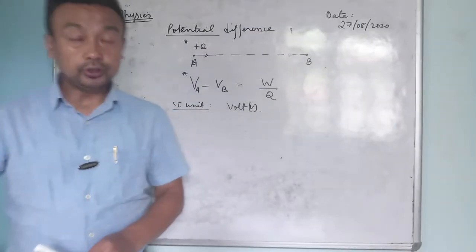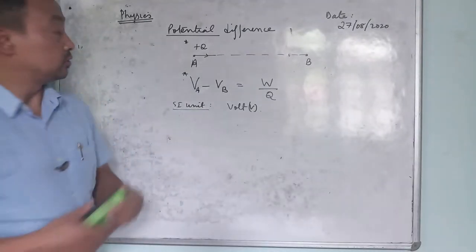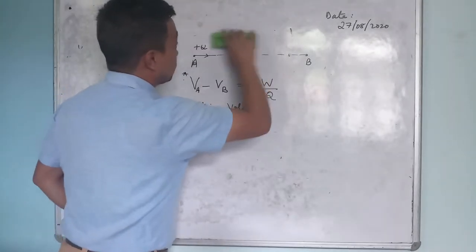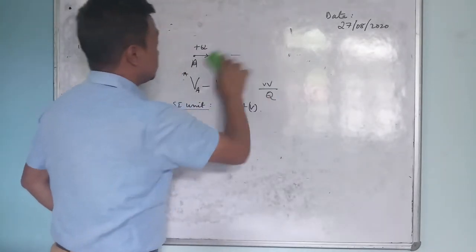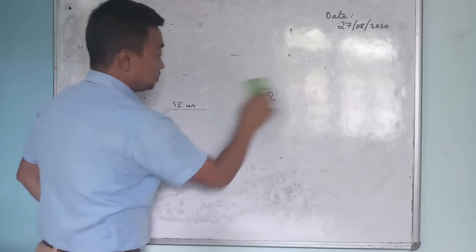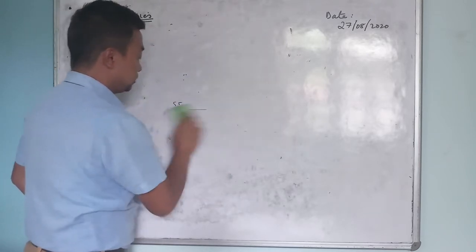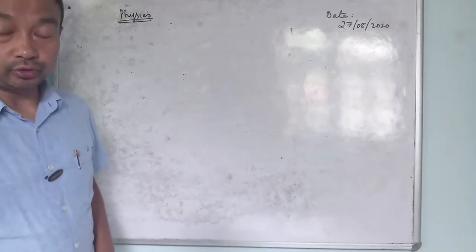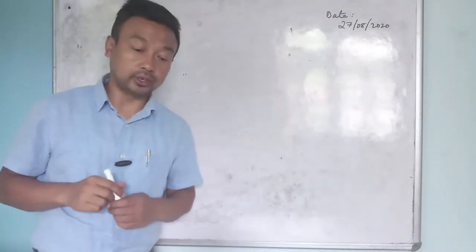So now we come to the final physical quantity in terms of these charges, in terms of the current, in terms of the electrons moving around in a wire or in a conductor.